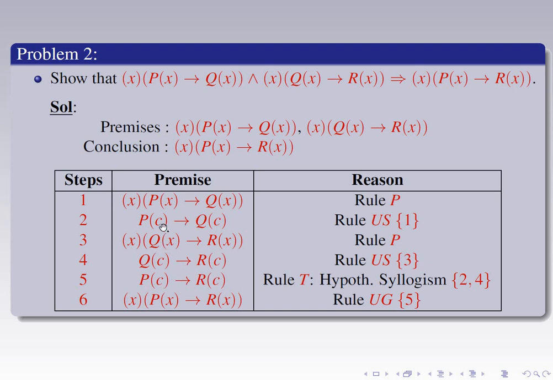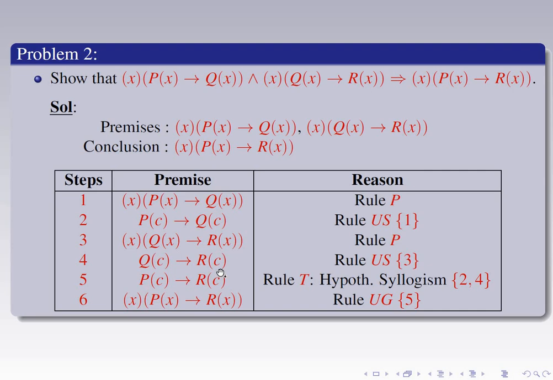Now try to simplify it. We don't have any more premises in the question. We had only two, which we used already. Now using steps 2 and 4, I am going to bring down the conclusion. Remember, step number 2 is P(c) implies Q(c). Step number 4 is Q(c) implies R(c).